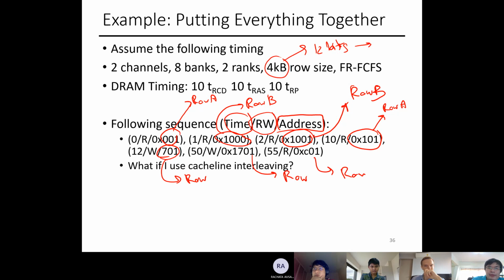A or B? This is go to row A, right? Because it's 12 bits. So it means the last 3 digits. This is row B and this is row A. Any questions about which row they are going to so far?